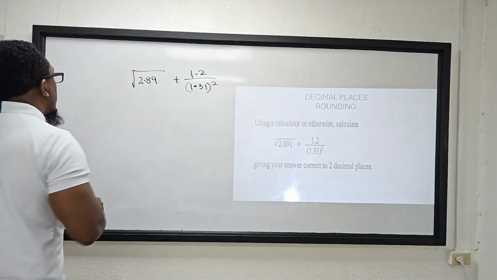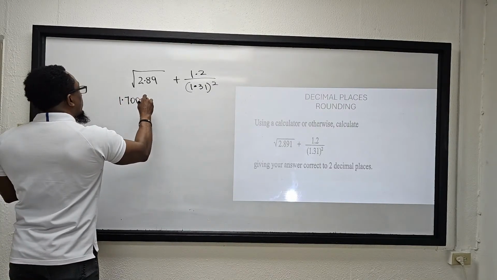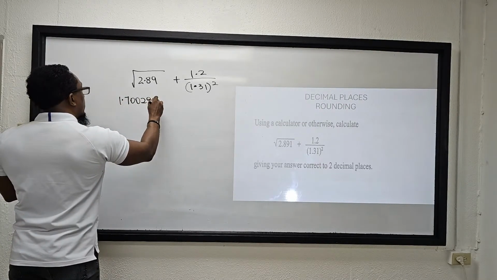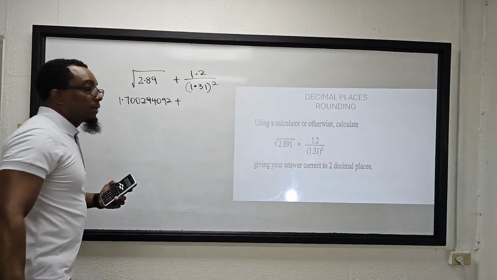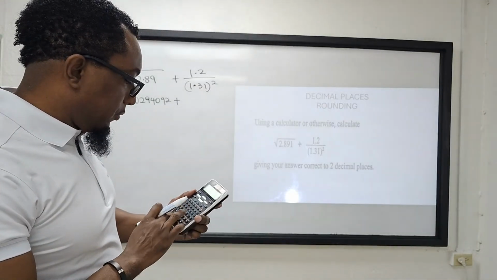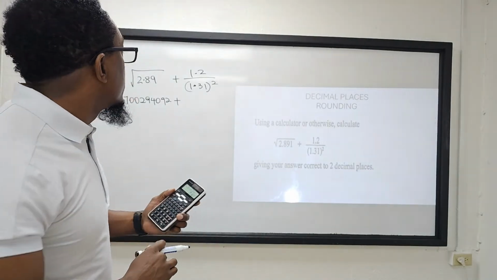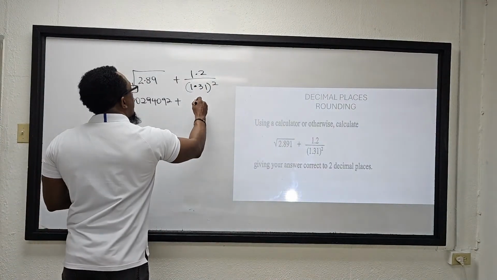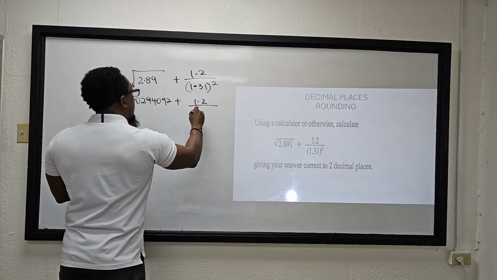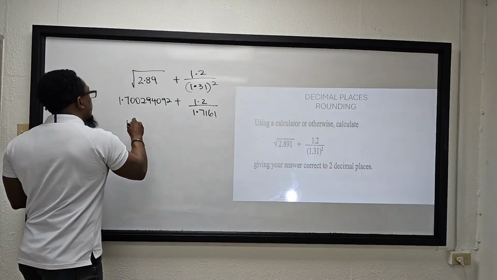We're going to get 1.700294092, plus, I'm going to put out all the values. Let me work out 1.31 by 1.31. I've already done that previously. This will be 1.2 over 1.7161. So let me divide those two quickly.